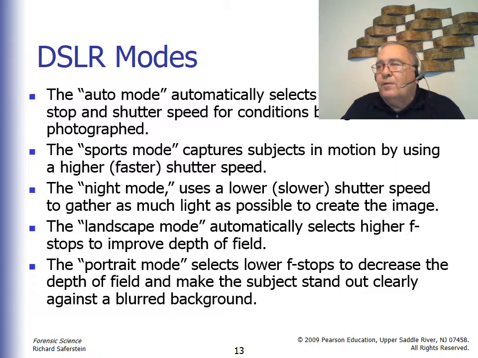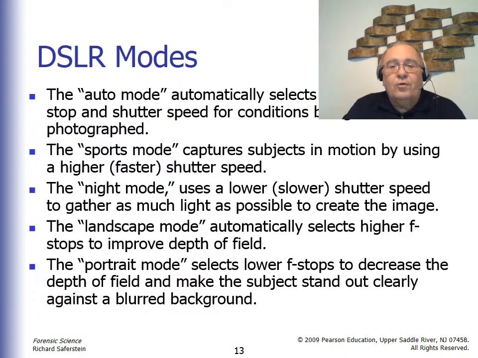They're made for people who, maybe you've gone out and taken photographs for your own personal use, and you see these little choices on the camera, and there's various symbols available for night scene or sports scene or portrait, food photography, things like that. Those aren't the things that we use in crime scene photography.